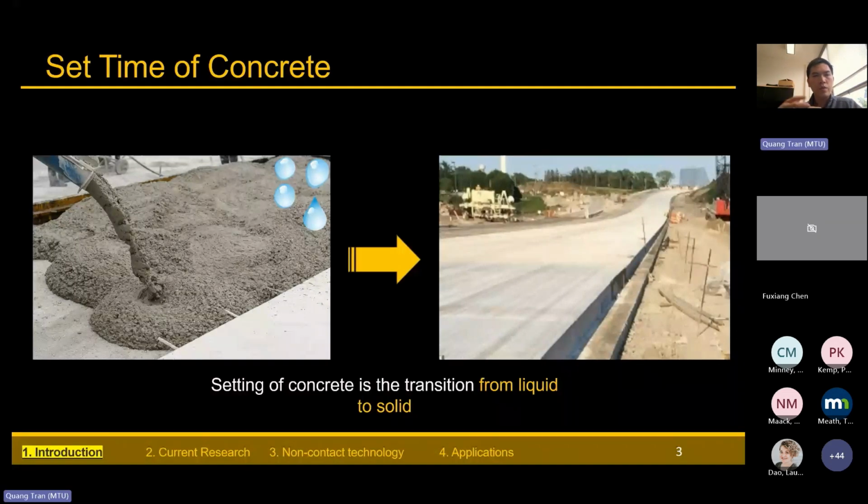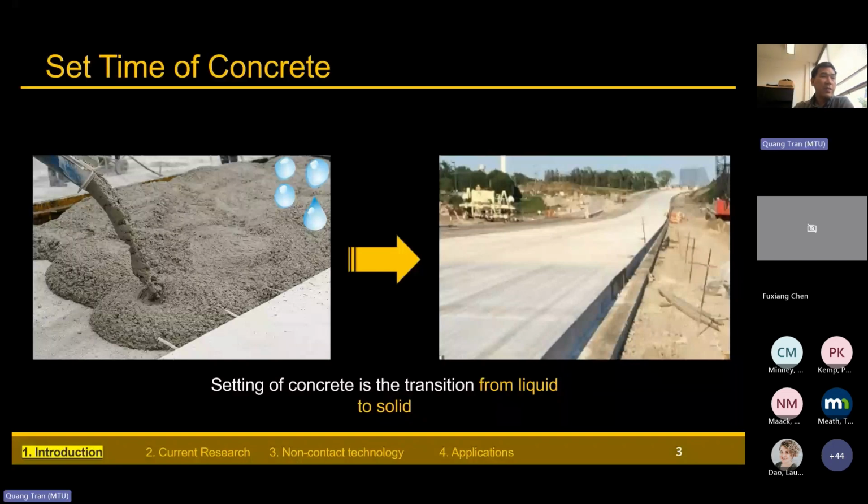But over time, as the cement particles react with water, they create more and more hydration products, or gels, and this creates a bonding in the matrix that makes the concrete change from the liquid phase into the solid phase. The set time is the time that it transitions from the liquid phase to the solid phase, right?